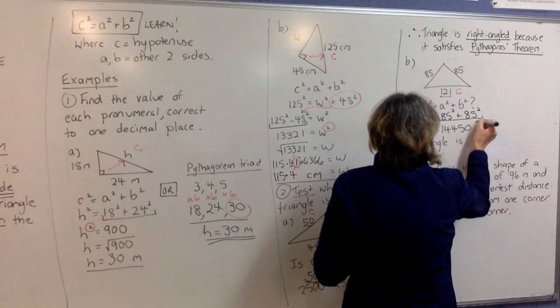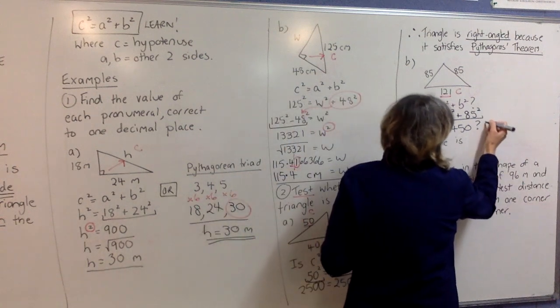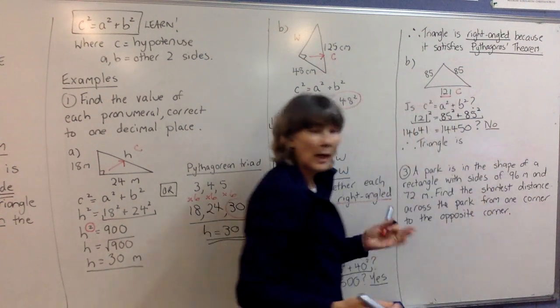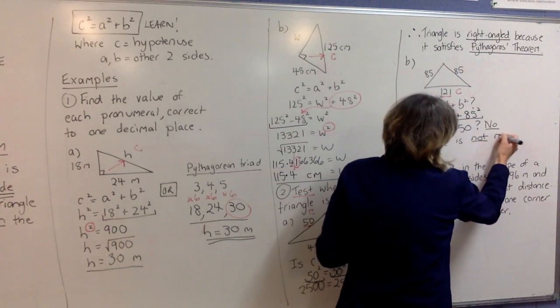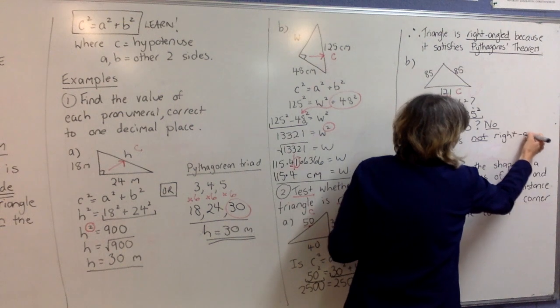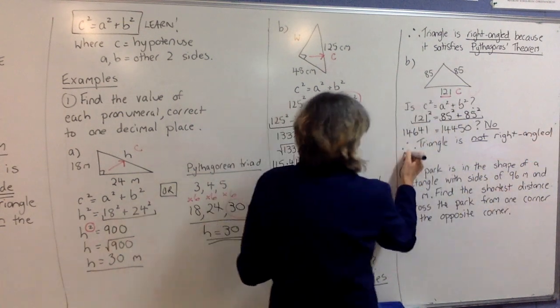So, do they equal each other? No, they don't. So we write a no, and then we say, well, that means the triangle is not right-angled, because it does not satisfy Pythagoras' theorem.